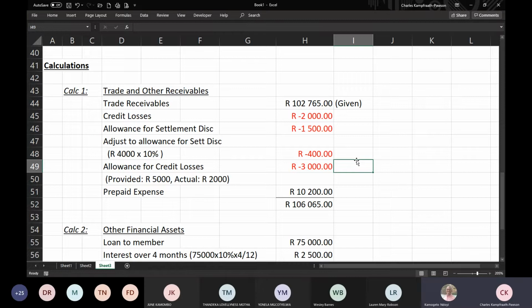Correct. So the allowance for settlement discount does not go there, but the adjustment does. Everybody happy with that? All right.